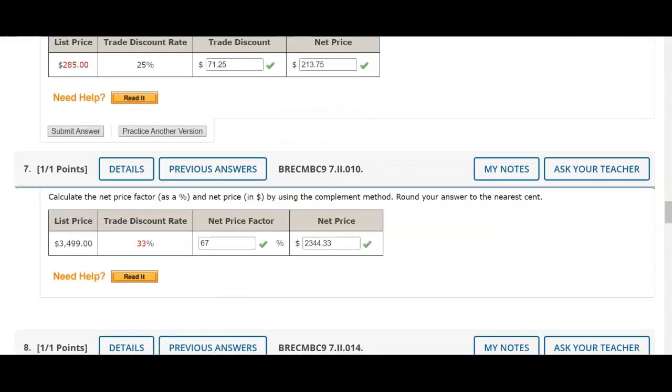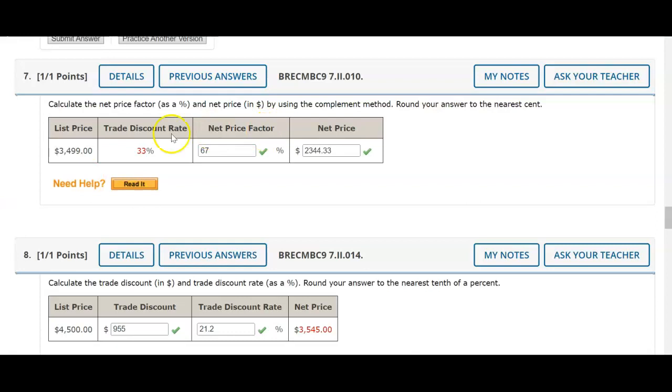All right, for the next one, you're going to find the net price factor. The way that you get the net price factor is we're going to use the complement method. So the discount and what you pay, if you add those together, it would be 100%.